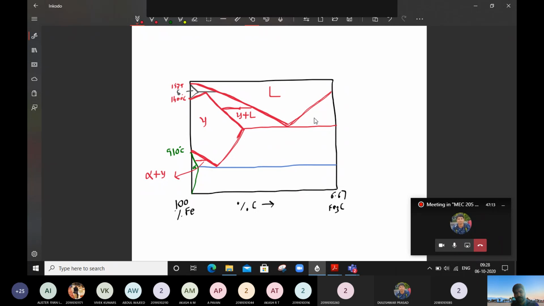Bhuvan, are you there? Yes, sir. Tell me what are the phases present in this region? In all this region, what are the phases present? Simply utilize the technique that I have told you. Take any point here, draw a line like this, where it cuts.